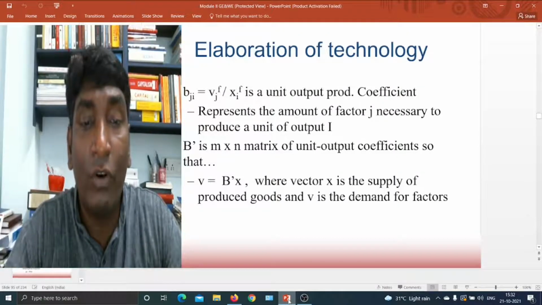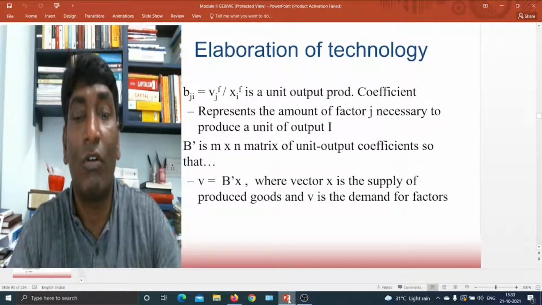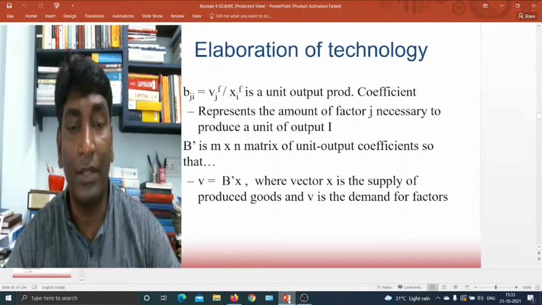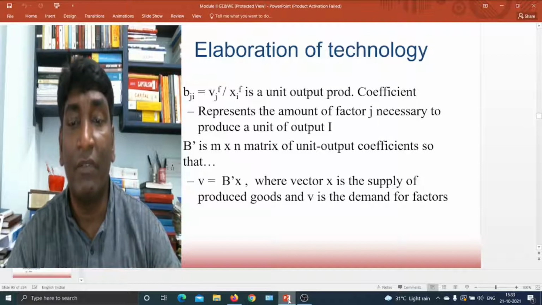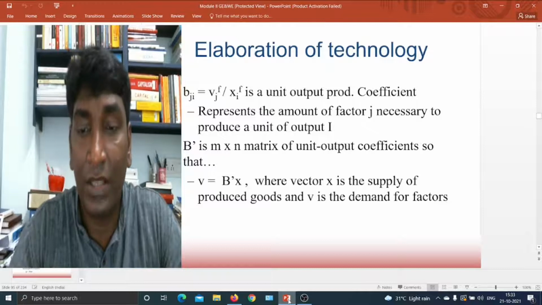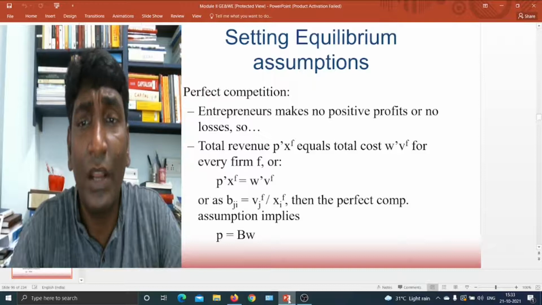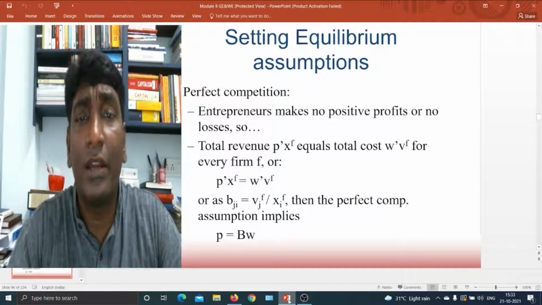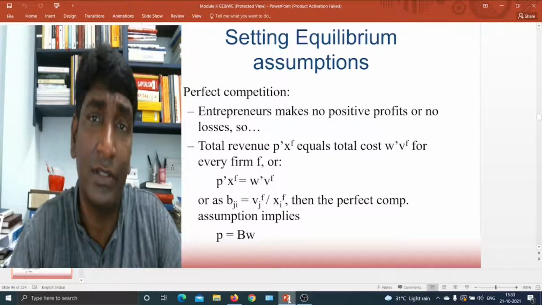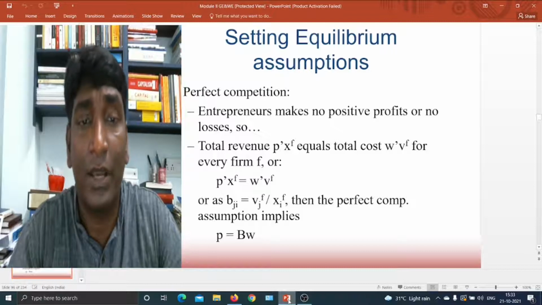Capital B is the matrix of unit output coefficients, so that you have the inverse, V minus P, which is equal to Bx, where vector x is the supply of produced goods, and V is the demand for factors. Now once you have all the setting, we can see everything in the perfect competition scenario, as we have discussed earlier, the simple Walrasian case which we have looked into.